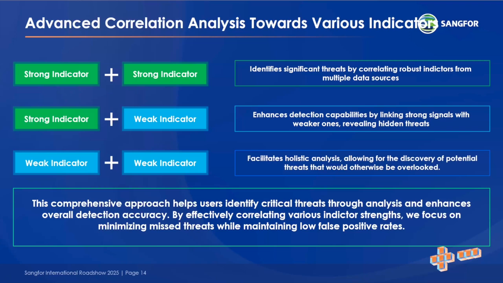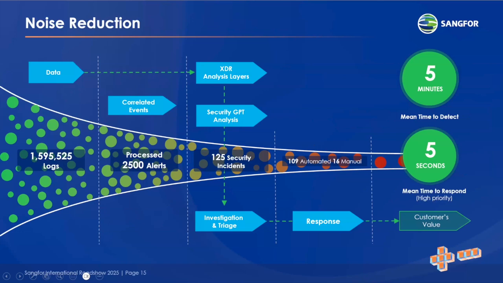That is our correlation, using this kind of method with different time frames, different frequencies, and different people, and we give you a strong signal to show there is an incident that you need to handle.